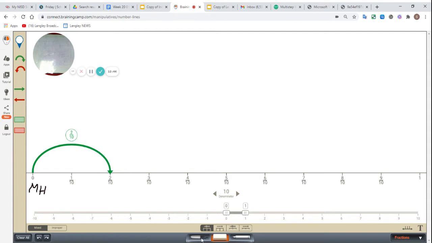So we added, right? For our equation, we're starting here at the 2/10, because Mary went from her house to Marcy's. So let's write that up here: 2 over 10, 2/10. And then it says from Marcy's house, both of them, so I'm going to drag another little arrow from over here.